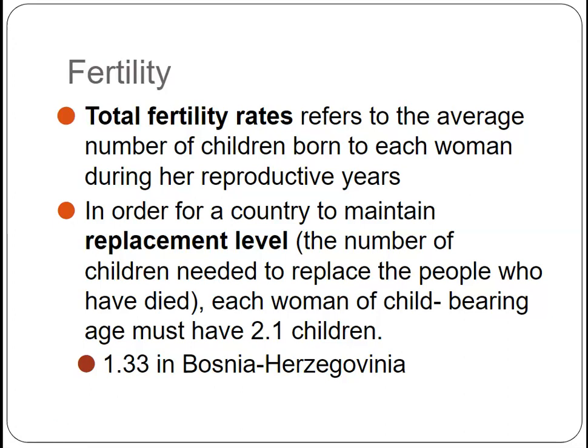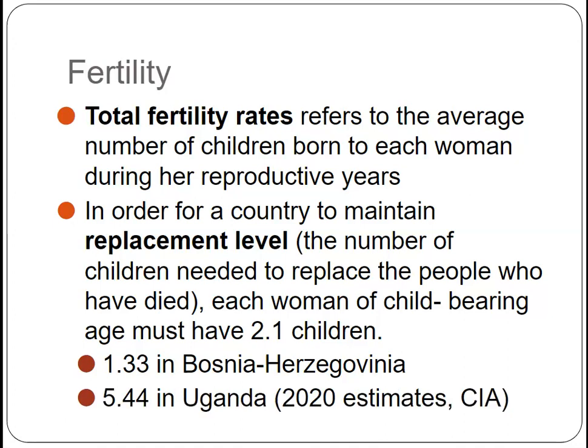Okay, so 1.33. So now we see Bosnia and Herzegovina's natural increase is going to be decreasing. Right, their natural non-immigrant numbers are getting smaller. Okay, Uganda, on the other hand, is 5.44. Okay, so their number is going to be increasing. On average, each woman is having 5.44 children in her lifetime.